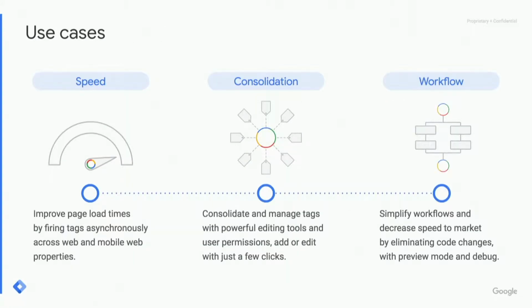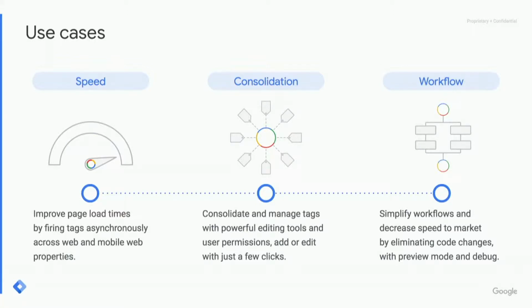There's a variety of use cases for which you might want to consider using Google Tag Manager. Speed. If you want to improve the page load times by firing the tags within Google Tag Manager asynchronously. All tags within Google Tag Manager fire asynchronously in this manner to ensure the best possible performance. Consolidation.